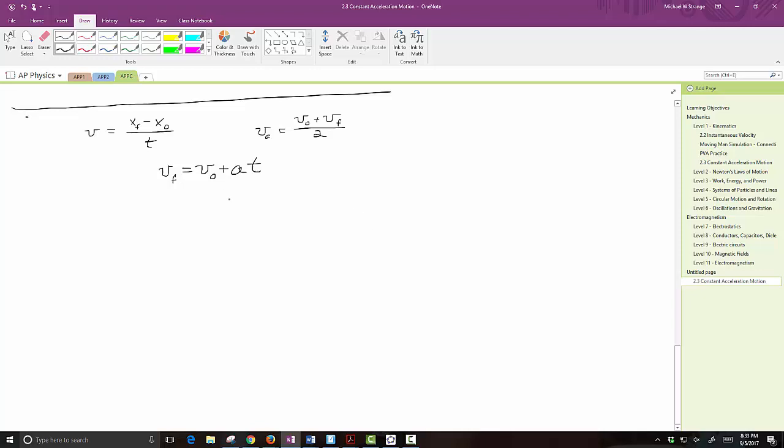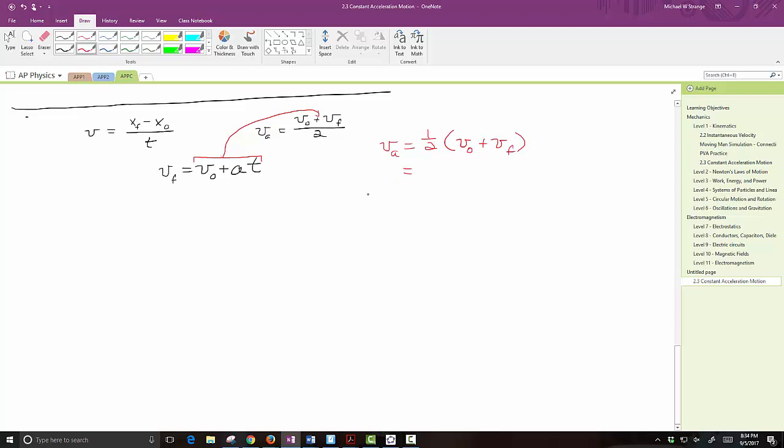So we're going to use these three equations all together. And essentially what I want to do is take this quantity here, my VF, and that's going to go in here. So let's kick that off to the side. So we have that our average velocity is, if I pull out the 1/2, 1/2 times V naught plus the final velocity.